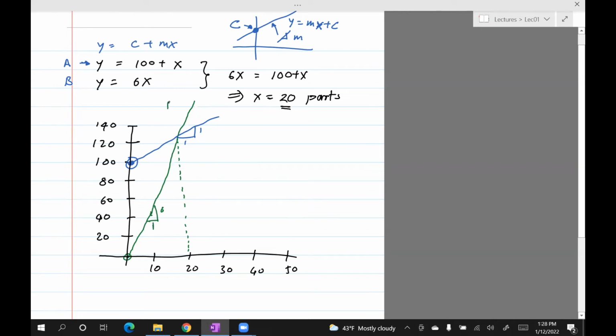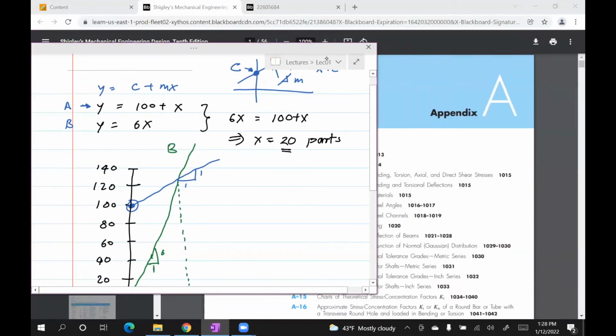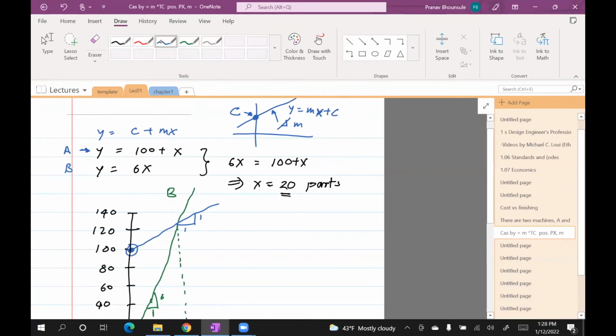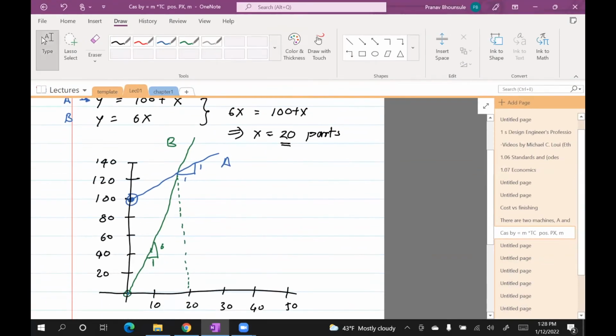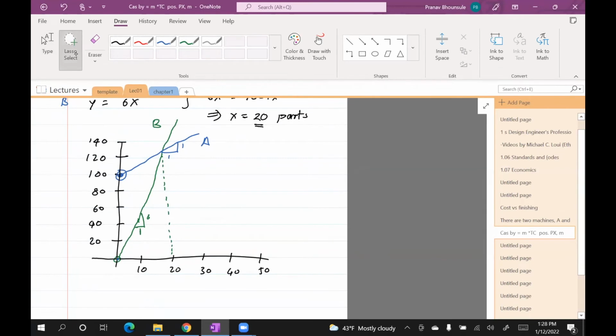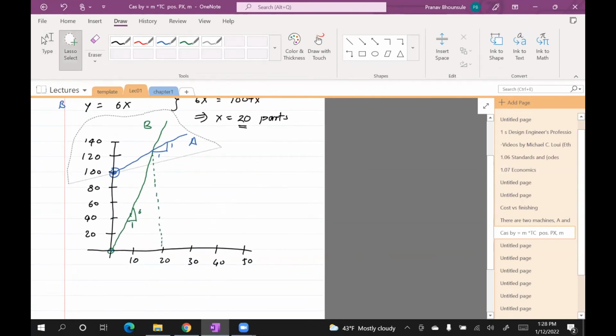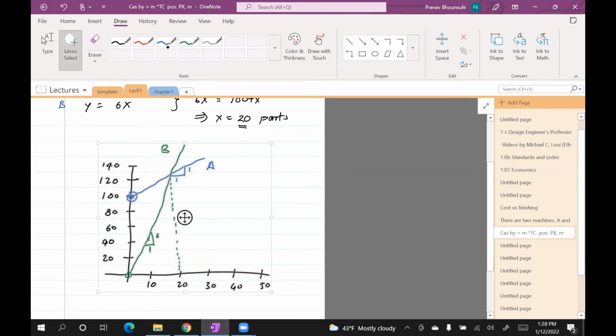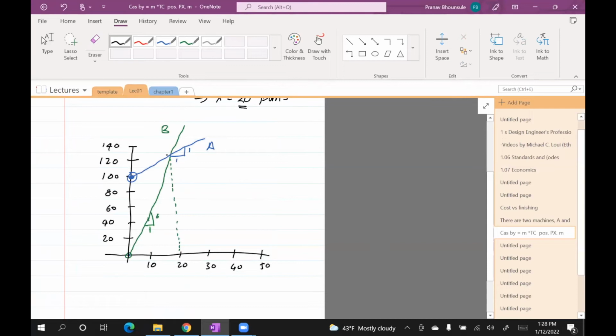This is machine B. This is machine A. And then this is our break-even point.